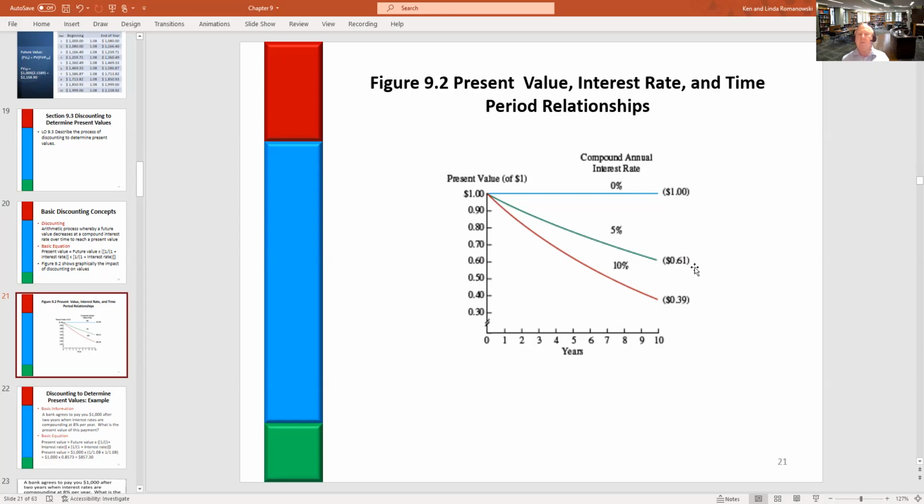At the same time, if the interest rate was 10%, then you would find that 39 cents invested at 10% over a 10-year period would move you to $1. Okay, so let's do some calculations and see how this will shake out for you.